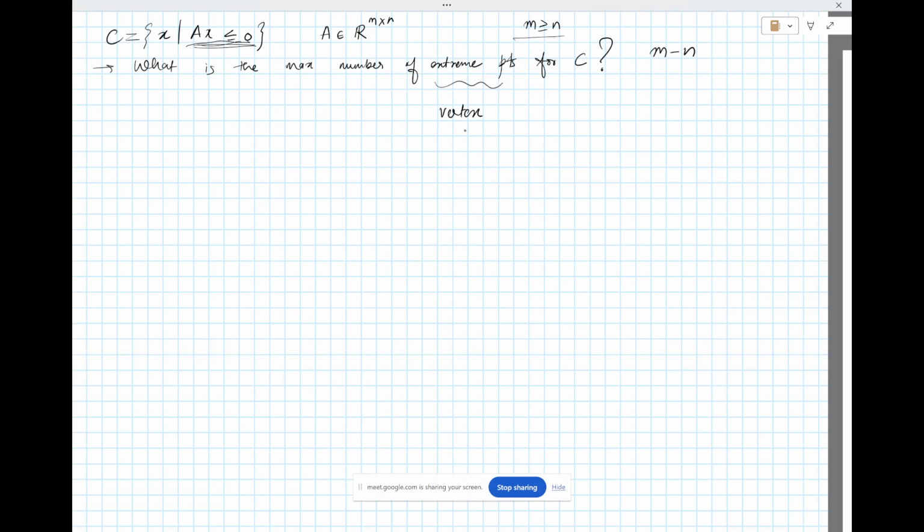It's an intersection of the hyperplanes. So if my x is in R^m, intersection of at least m hyperplanes is needed to create a vertex, right?